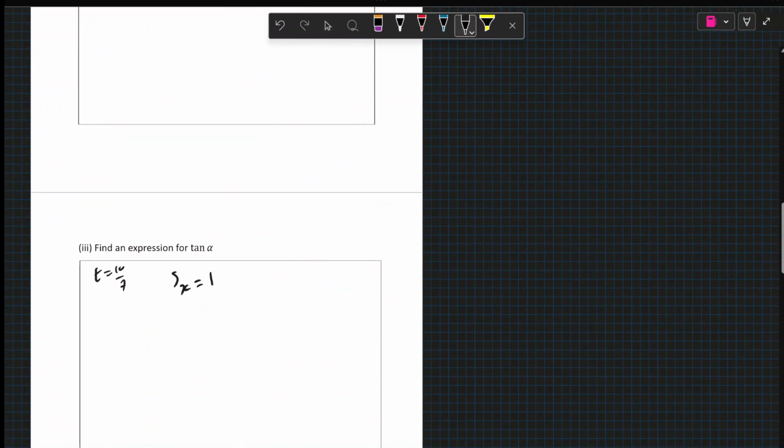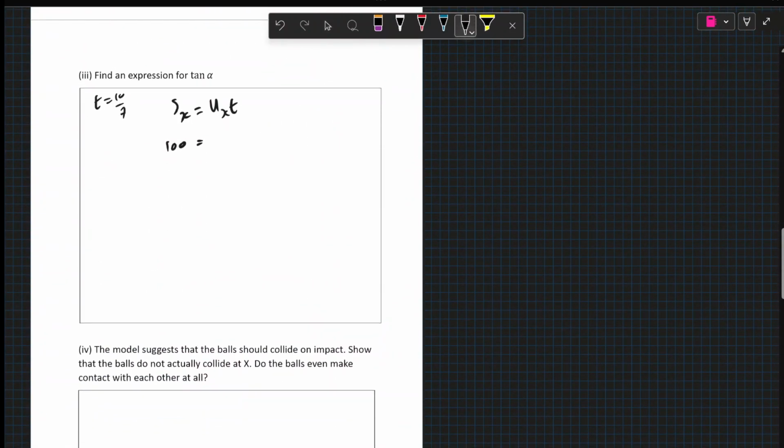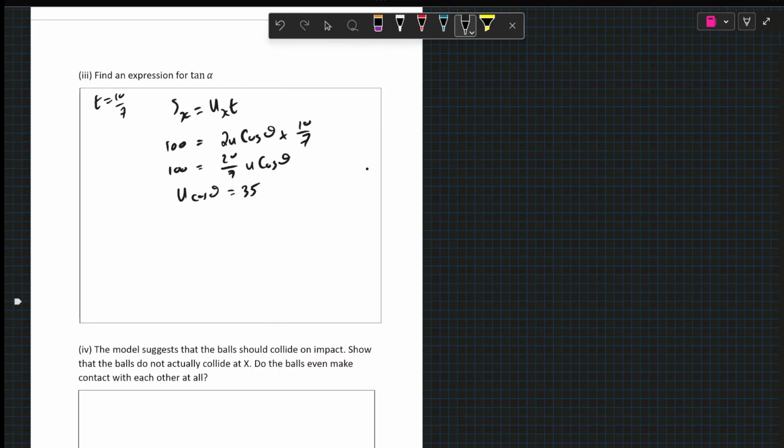So Sx we know is 100, is Ux, which we're told is 2U times cos of theta. So 2U cos of theta times 10 over 7. Now, 2 times 10 over 7 is 20 over 7. And then if we times by 7 divided by 20, we get 35. So U cos theta has to be 35.